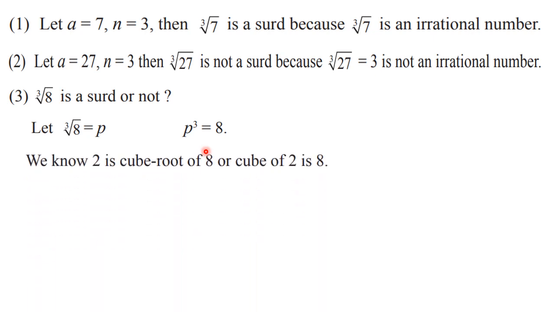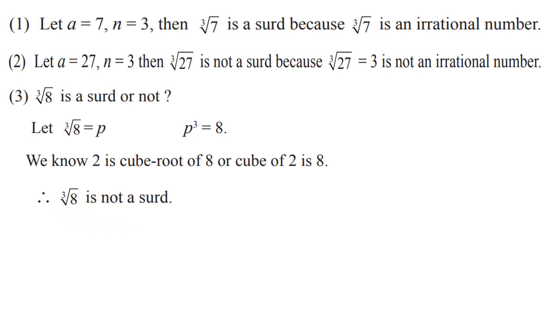We know that 8 is the cube of 2, or cube root of 8 is 2. So here 2 is not an irrational number. Therefore we can say this cube root of 8 is also not a surd.